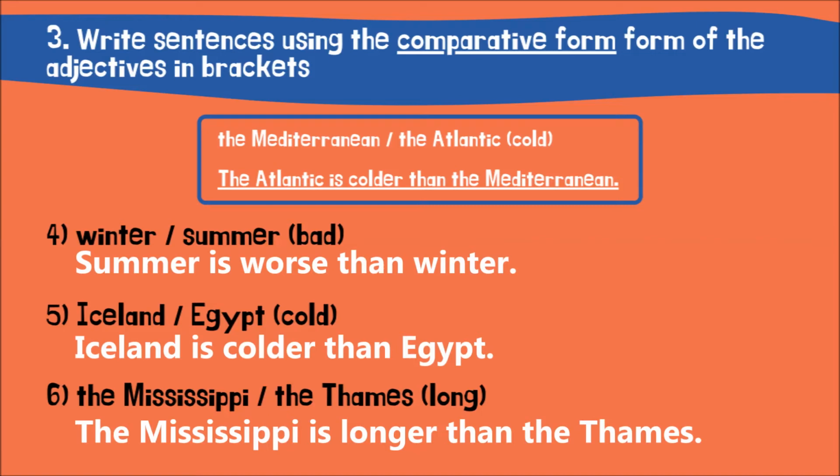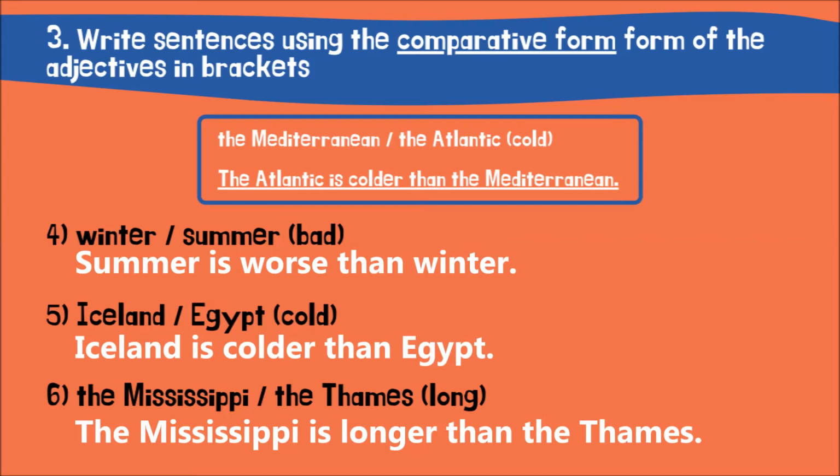Okay, ini other people, other opinion lah. Different people, different opinion. Lain orang, lain dia punya pendapat. Some will say that winter is worse than summer. Some will say summer is worse than winter. Tak kisah. Okay, as long as you write the correct comparative form of bad, that is worse.